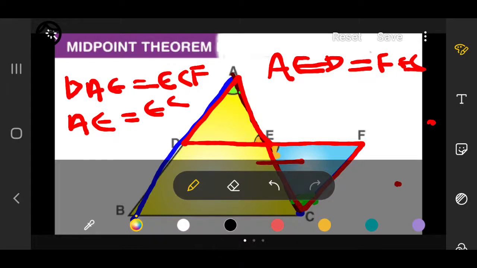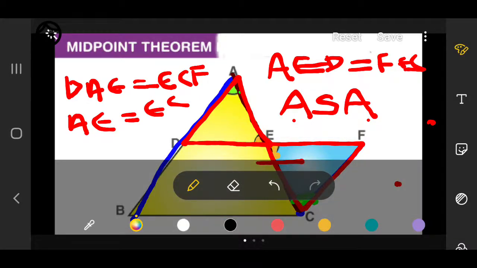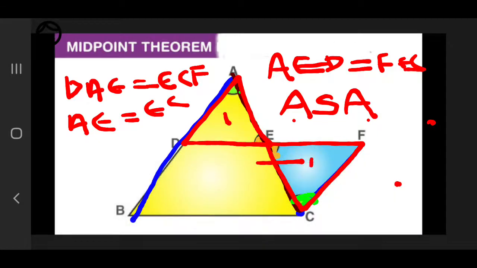So by the ASA congruence criterion, two angles and the included side, these two triangles are congruent.